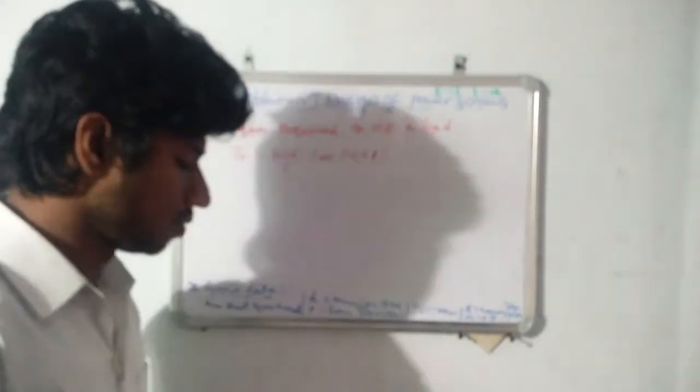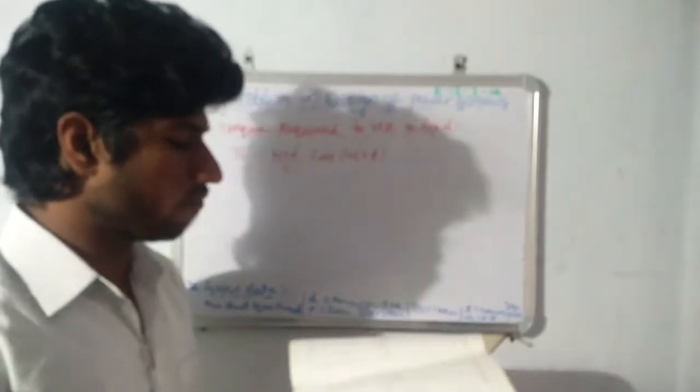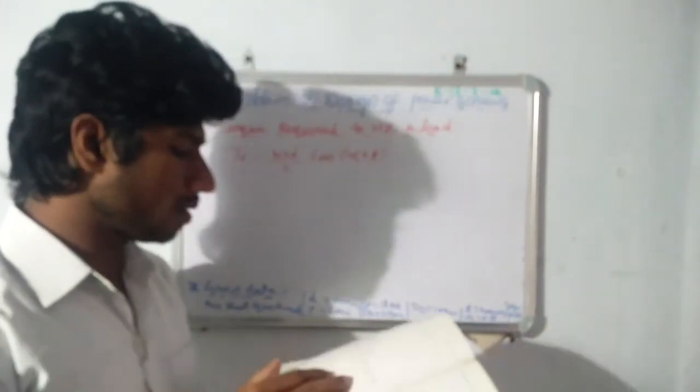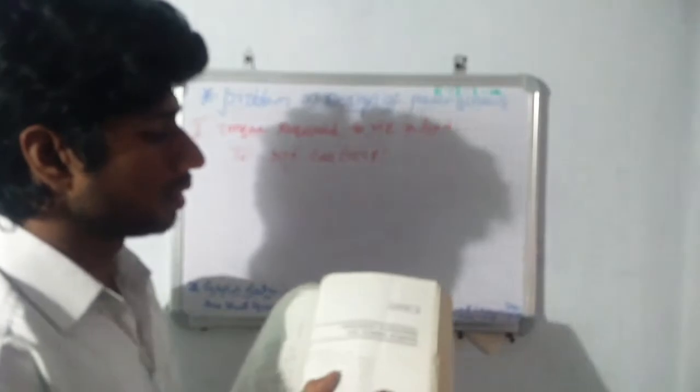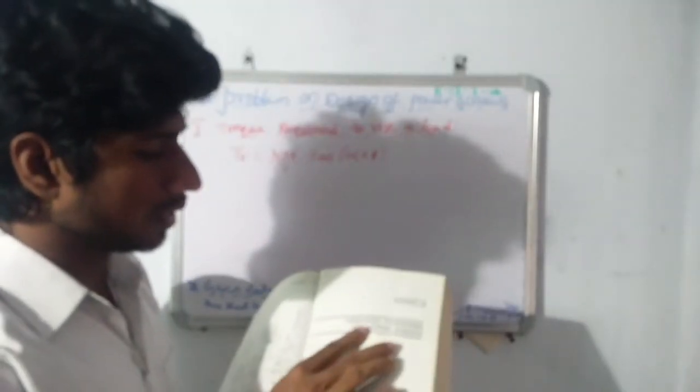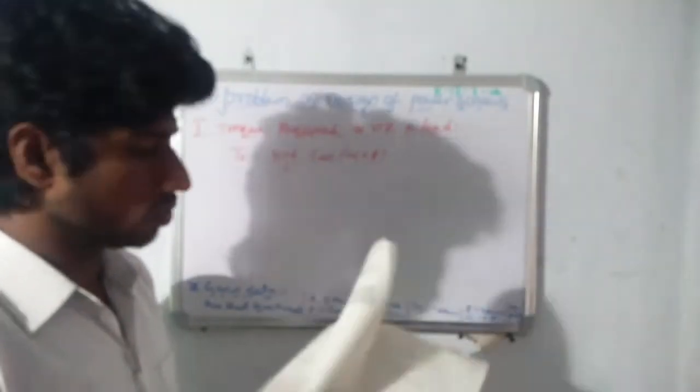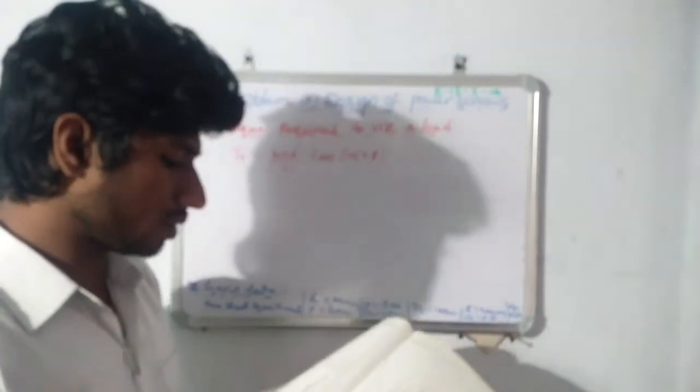If you don't remember the formula, refer to the design data book. In the old edition of MD Jalaluddin, chapter number 18 covers threaded fasteners and power screws. So go to the equation table of power screws.